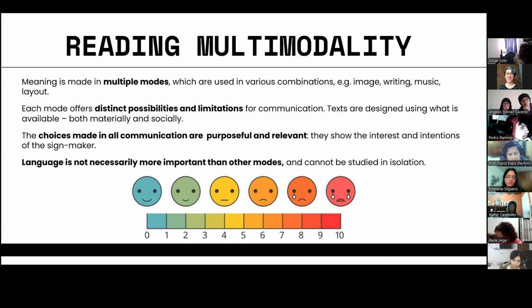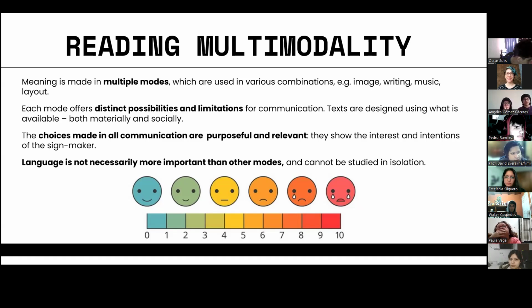So, as I was saying before, language is not the only mode of communication, and also, it is not necessarily the more important mode of communication. And you cannot study only language for understanding meaning. That doesn't mean you cannot study linguistics. Linguistics is the study of language, like the separation of language from the context and the study of it, which is very useful for understanding language itself.